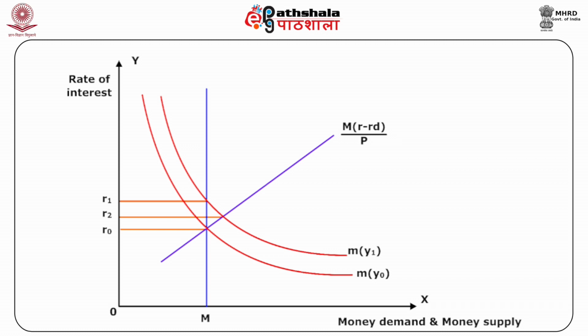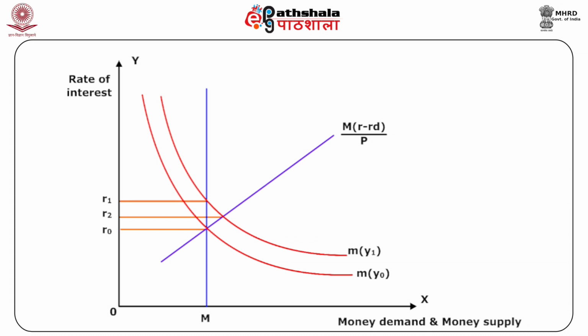Now, let us go to the 4-quadrant diagram and see how we can derive the LM function. We have 4 quadrants here as usual. In the first quadrant, we have an original LM function, and we have already seen how it is derived.